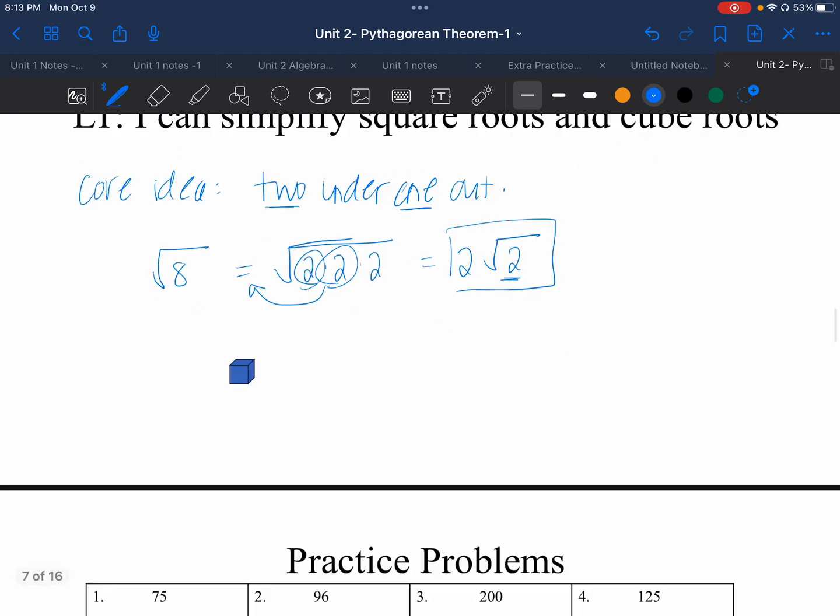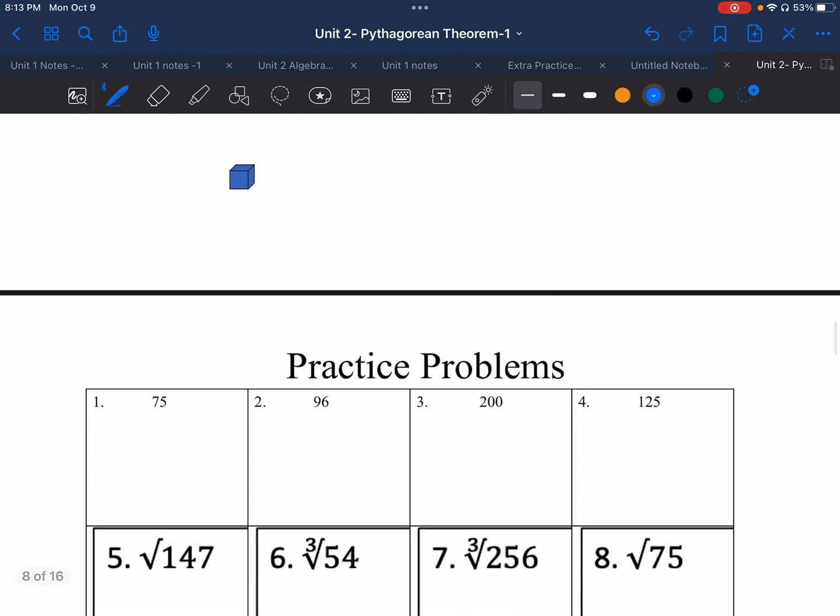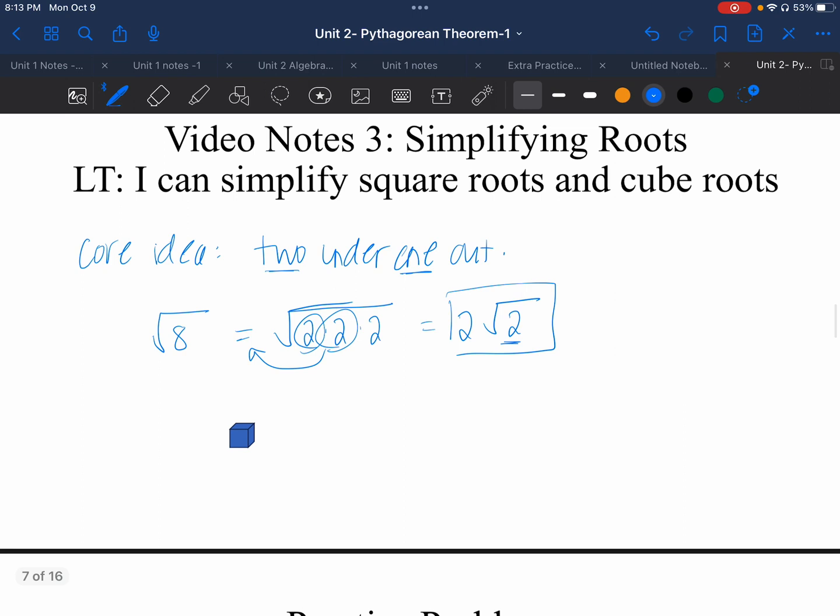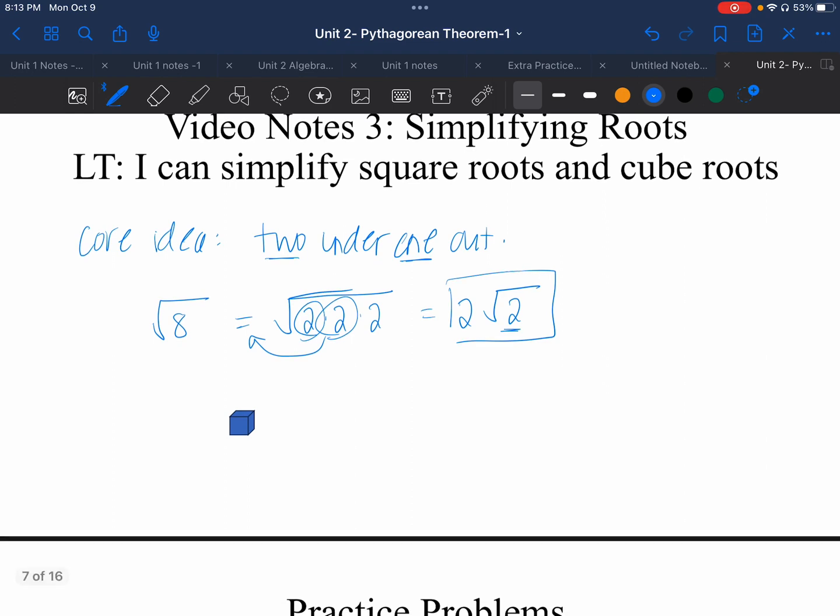Okay, so let's get into some practice problems. First, we're just going to go over a couple more things. You can do this in 2 different ways. The way that we just did that one is looking at the factors of a number. You can also look at the perfect squares.